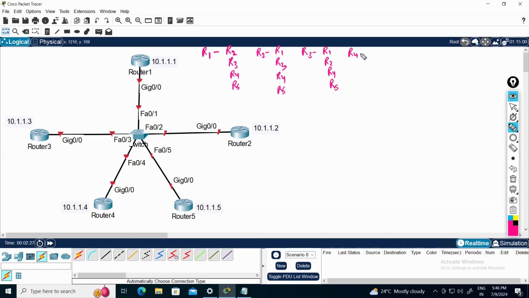For R4? And for R5? R4. These guys will become neighbors, right? Okay. Now let's consider a scenario.